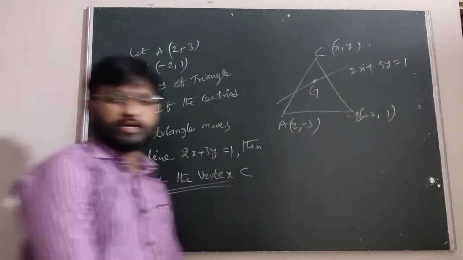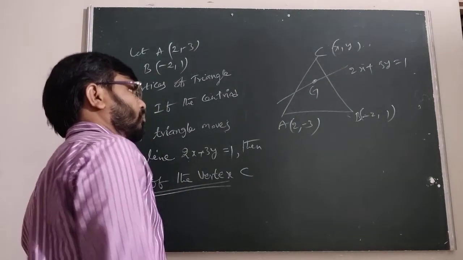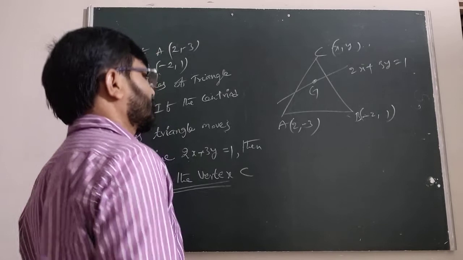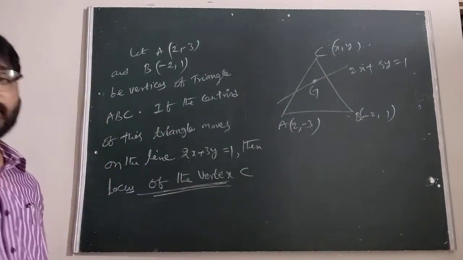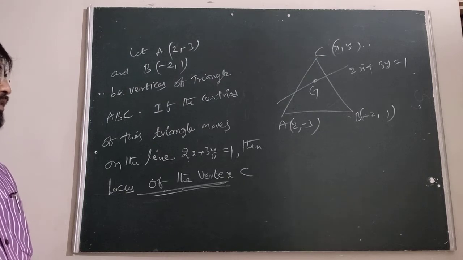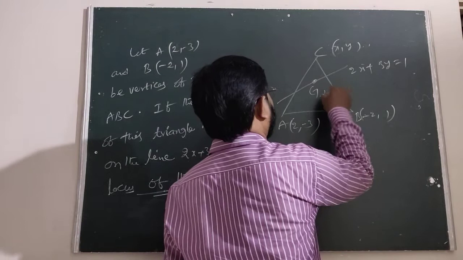Then the locus of the third vertex, that's why we are taking the third vertex as (x, y). Suppose we take the centroid as (alpha, beta).